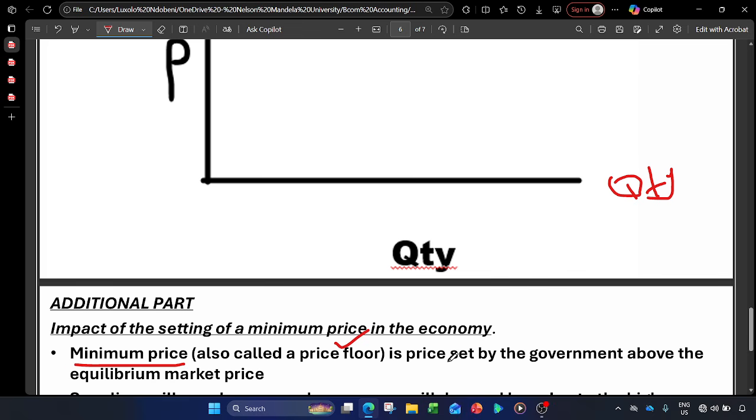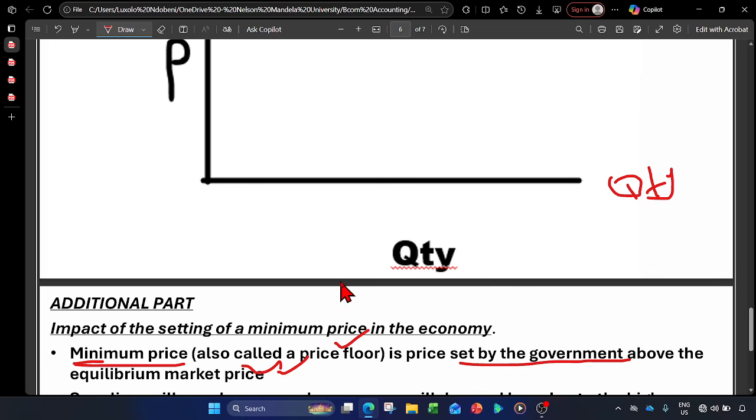So it is the price set by the government above the equilibrium market price. It's just the opposite of the name: because it's minimum, you would think government sets it below, but government will set it above. I don't know why they call it minimum, because it was supposed to be maximum, right? But minimum is the opposite of the name. The government will set the price above the equilibrium market price.